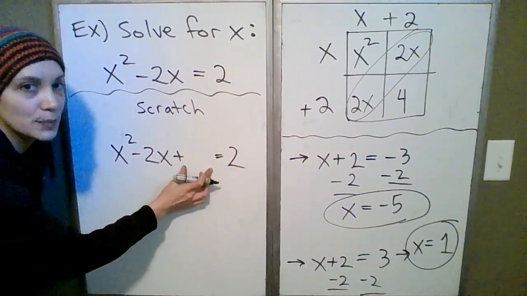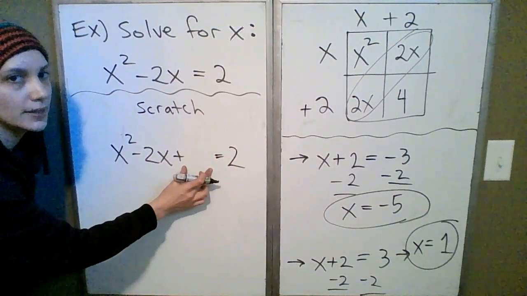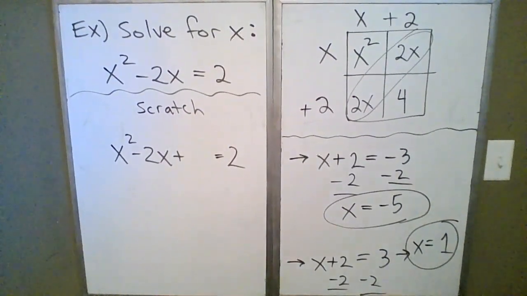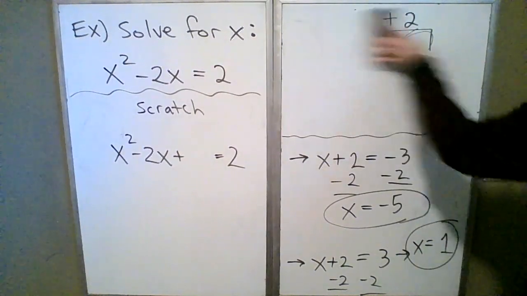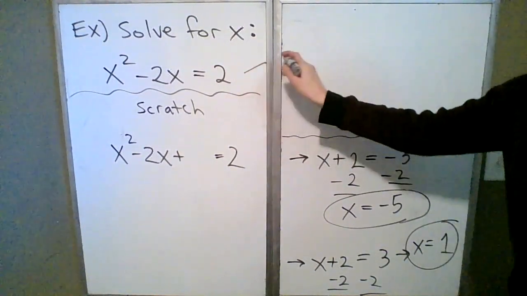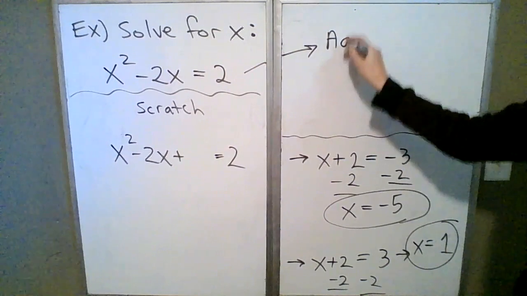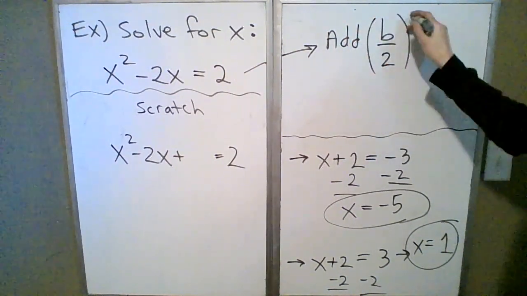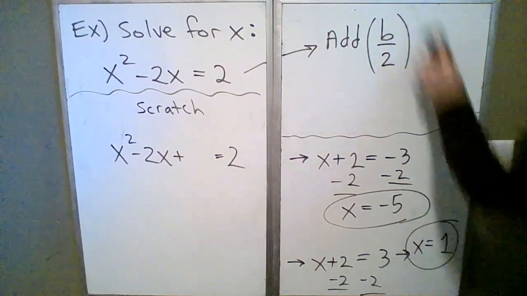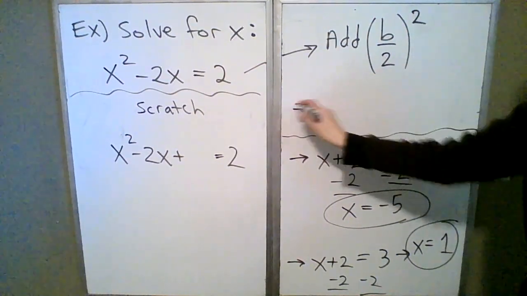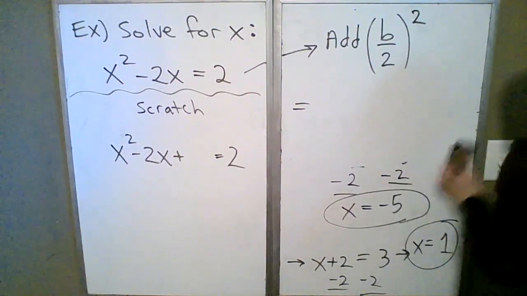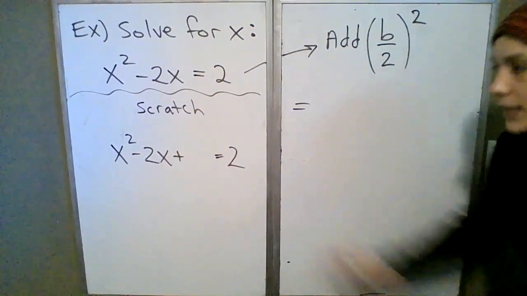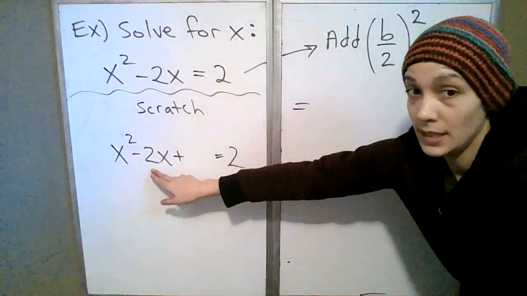Okay, so we need to add that special number, b divided by 2 squared. So you go to x, the number on that is -2.